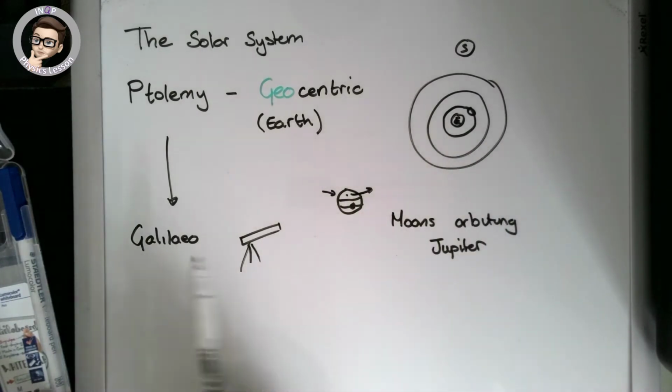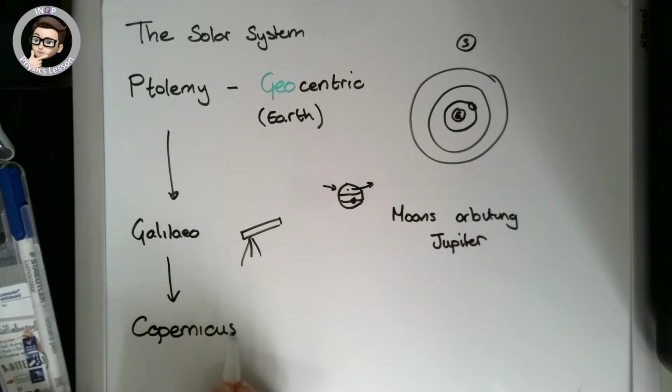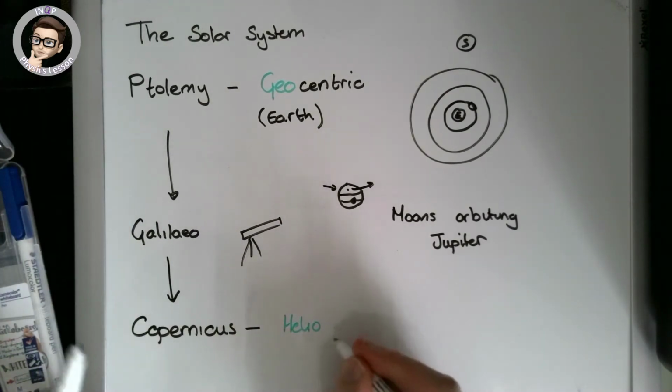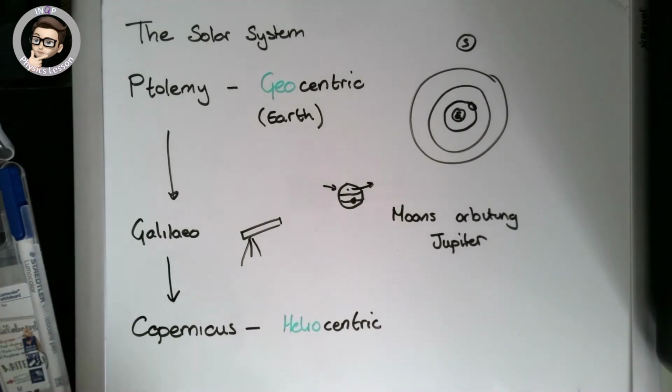But after Galileo, and this is the guy we credit it more to, is Copernicus. And Copernicus came up with the heliocentric model. Now, helio stands for sun. Helios is the Greek for sun.